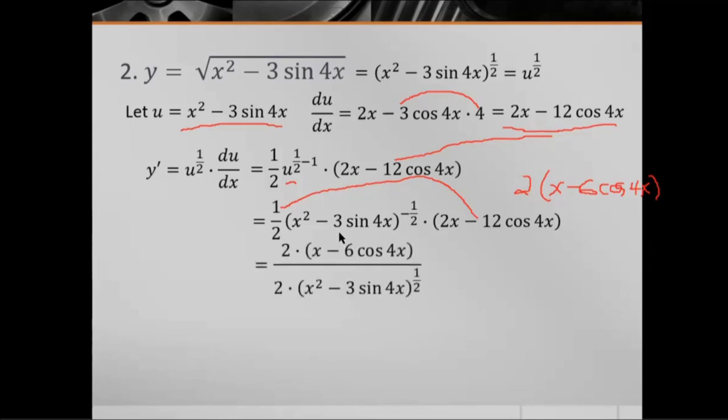Ayan. Okay? So, dahil siya ay negative 1/2, susundin natin yung rule na x raised to negative n is the same as 1 over x to the positive n. Meron tayong ganung rule, di ba, sa law of exponent.